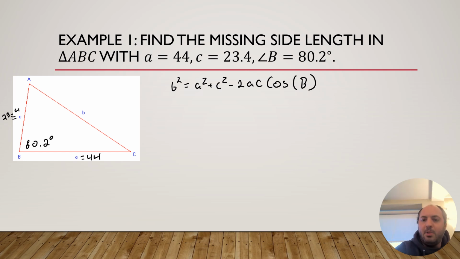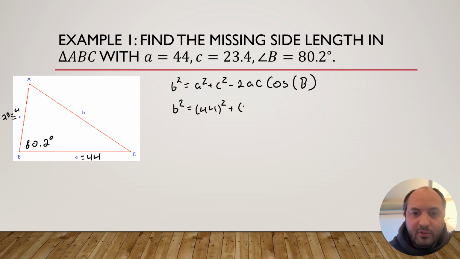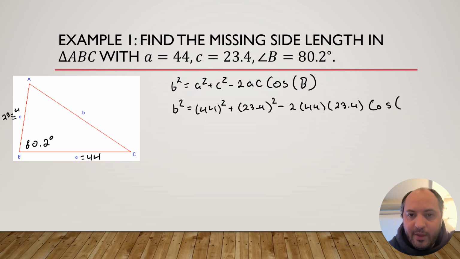So let's plug our information in. We don't know B, so we just have B squared on the left. A is 44, so I have 44 squared. C is 23.4, so I have 23.4 squared. I have minus 2 times 44 times 23.4, and now cosine of angle B, which is 80.2 degrees.